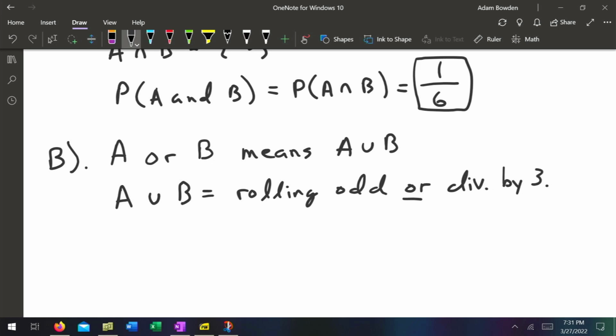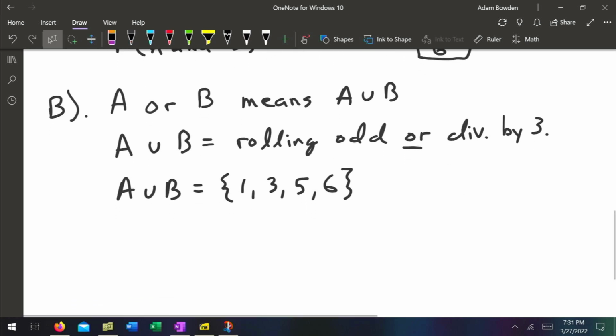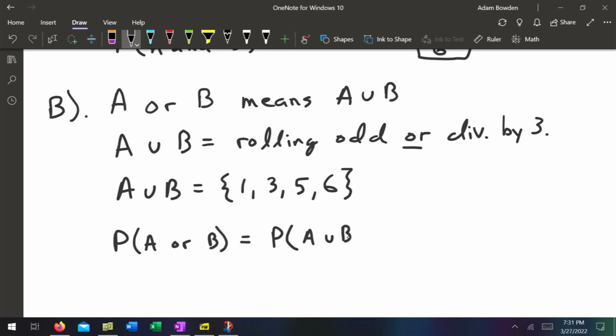So when we think about what possibilities work for this outcome, there are the outcomes of 1, 3, 5, and 6. These would be odd or divisible by 3. And so the probability of A or B, in other words the probability of A union B, is equal to 4 possible outcomes out of the 6 total, 4 over 6, which is equal to 2/3.